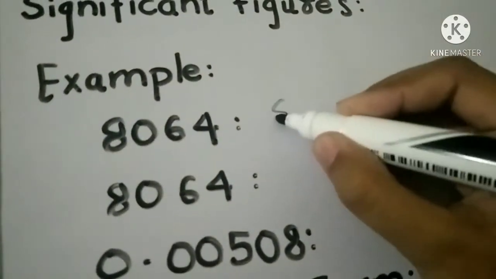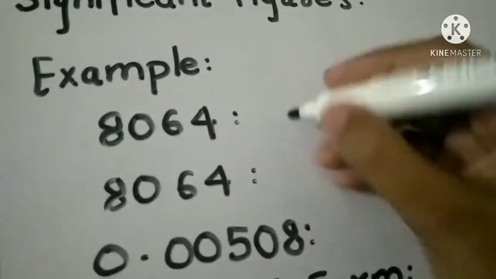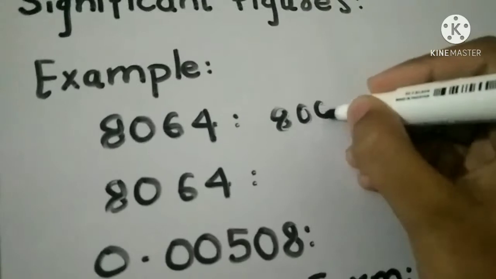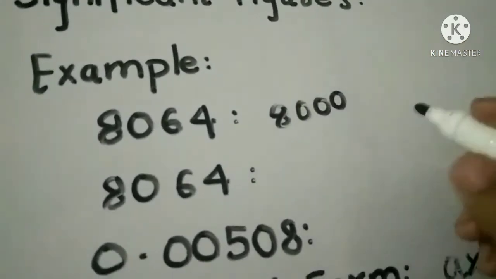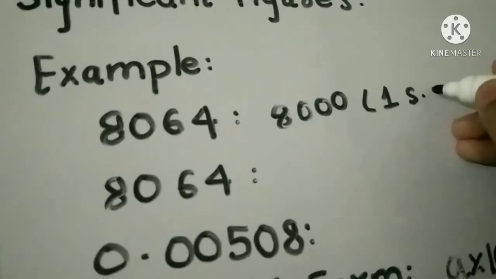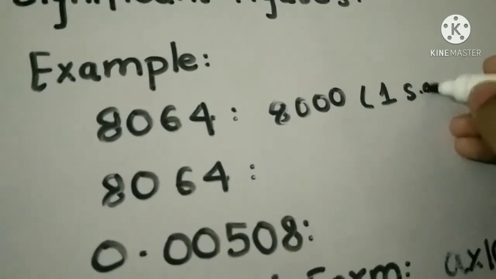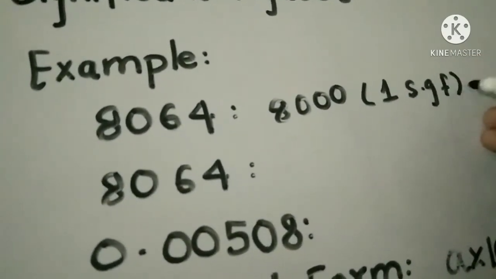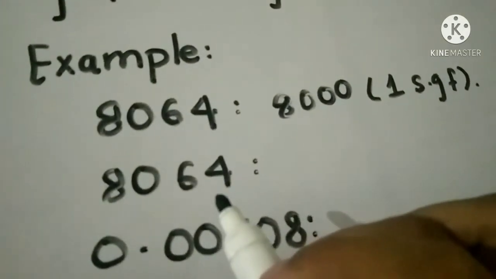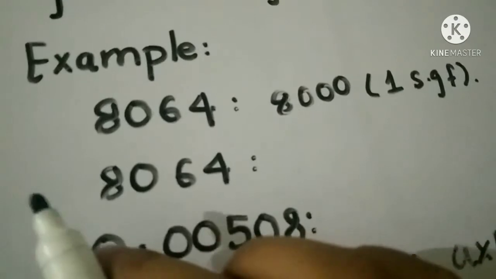For example, 8000 will be the number for one significant figure.